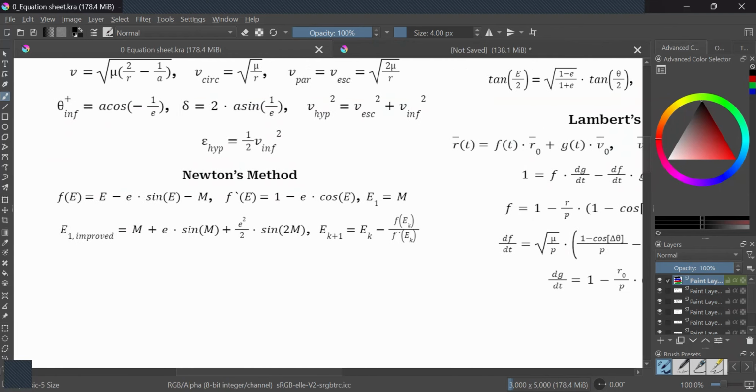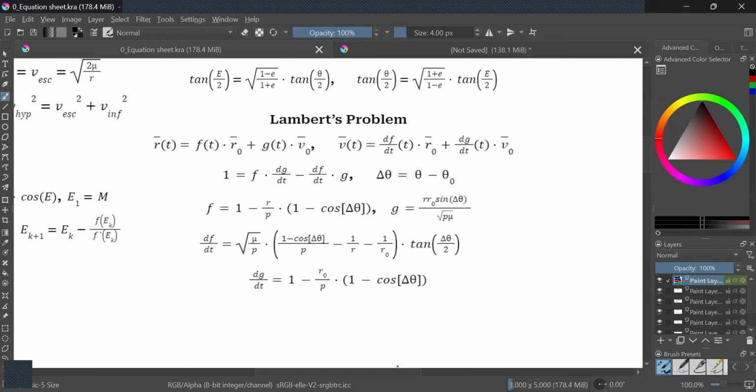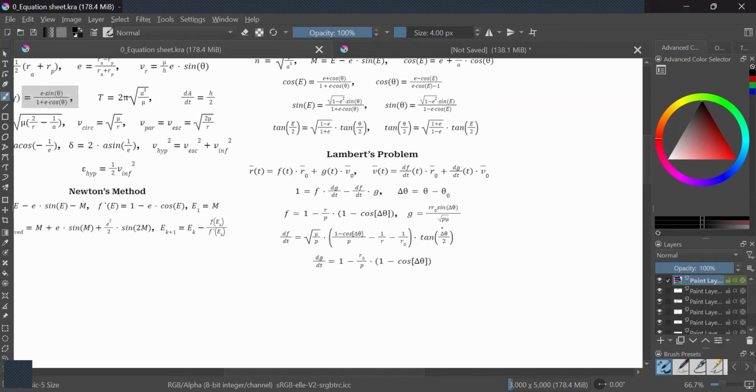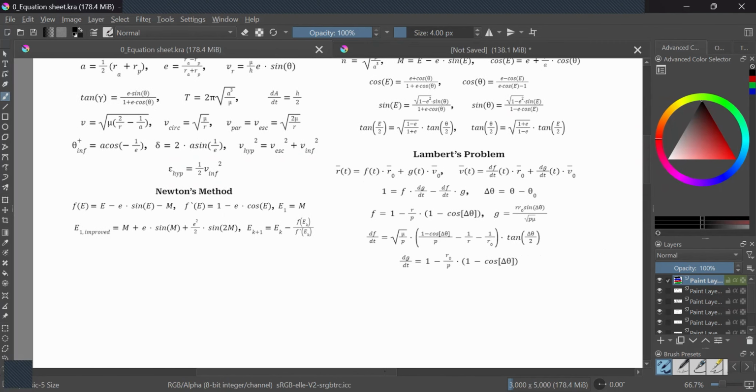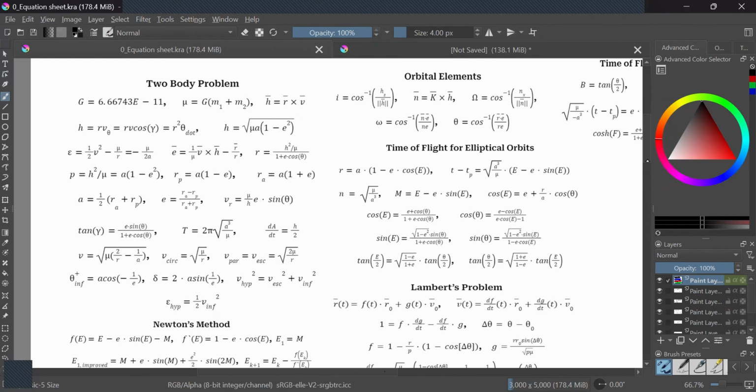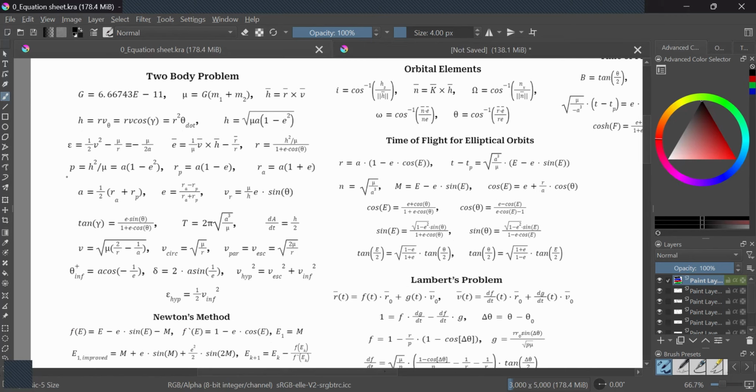But before I get ahead of myself, we need p, which can be found here with the equation of h squared by mu. Mu is a constant, we don't need to worry about that.